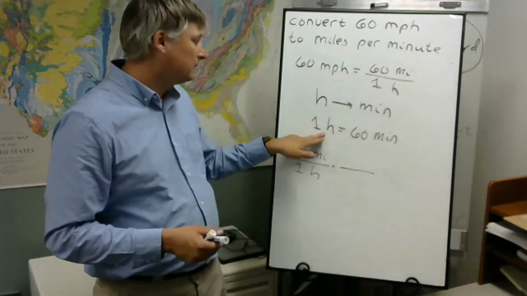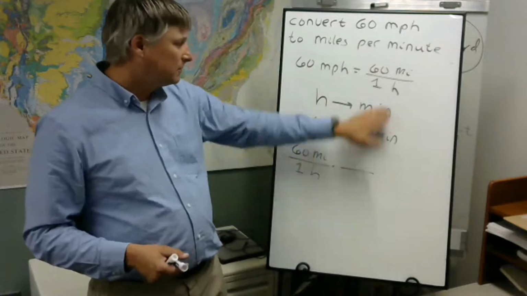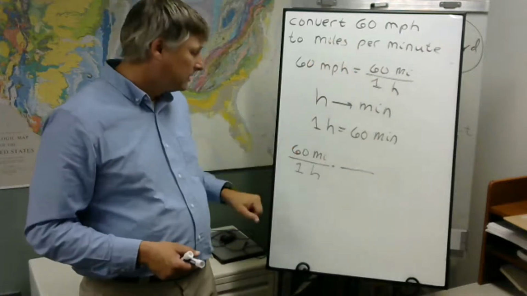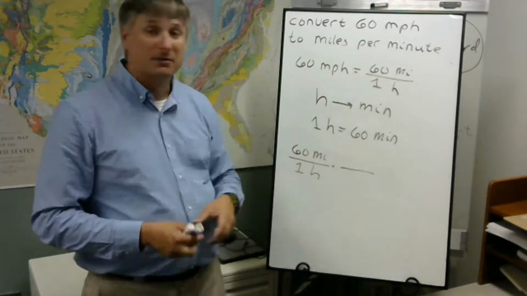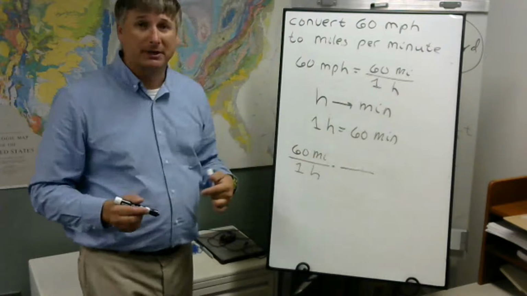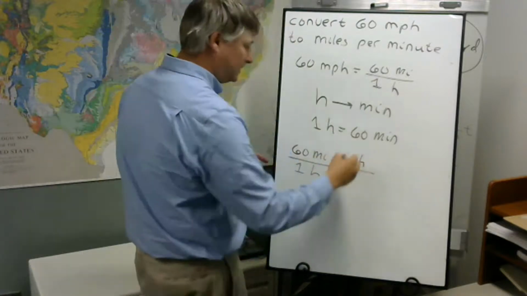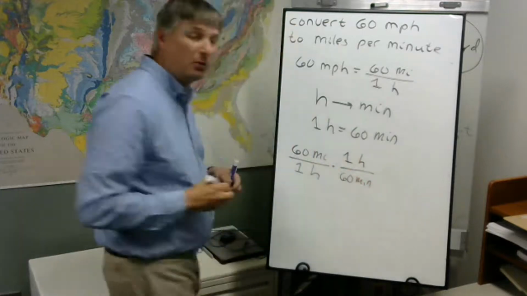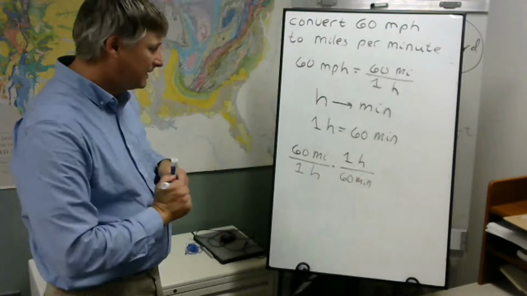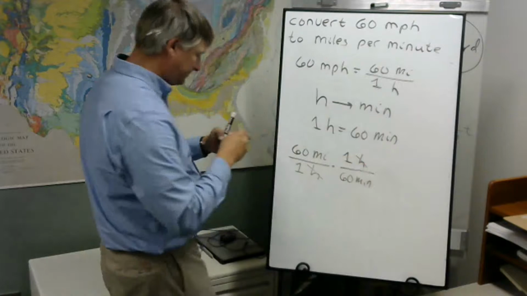We can do 1 hour over 60 minutes, or 60 minutes over an hour. But since hours is in the bottom here, we need hours in the top. It's the only way for hours to cancel. So we'll put 1 hour up here, and that means the 60 minutes has to go in the bottom. And sure enough, the hours are canceling.